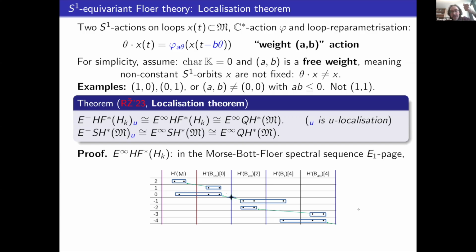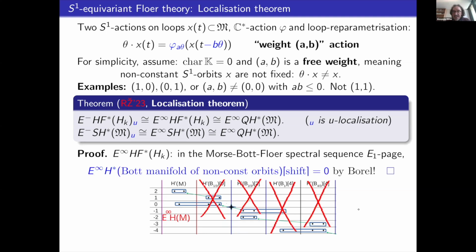So the classical Borel localization theorem tells you that the classical equivariant cohomology of these Morse-Bott manifolds has, in the E infinity case, to be 0 because there are no fixed points. And so that means all of that stuff vanishes, and the only stuff that survives are the critical points of the inside. And that gives us the ordinary cohomology, or if you like, the ordinary quantum cohomology with this extra U parameter thrown in.